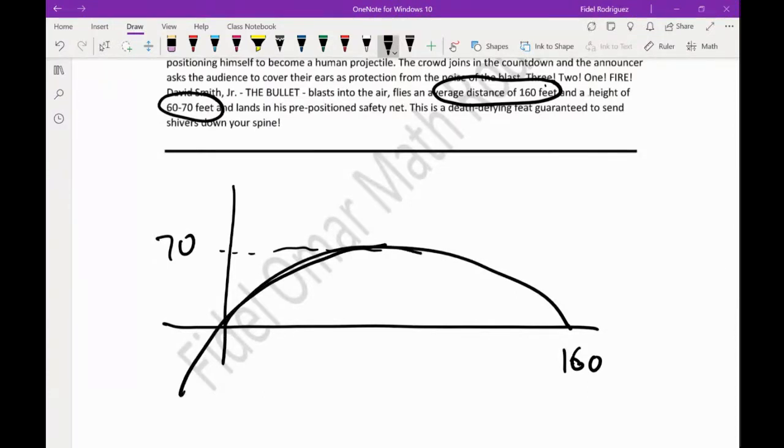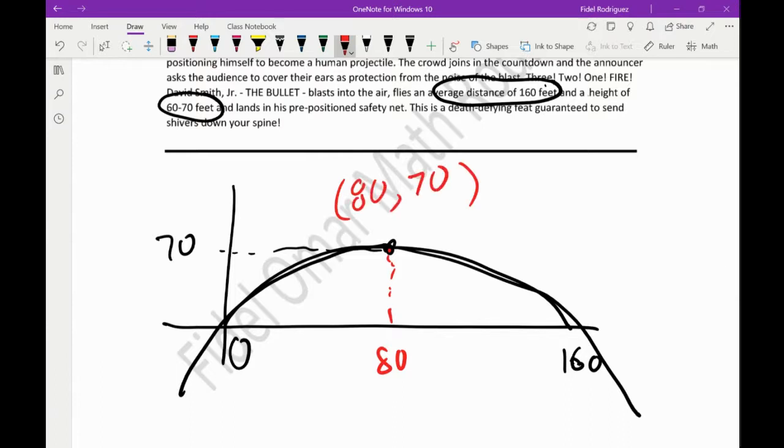This looks like a parabola going down. This is my vertex. So let me ask you a question. If this number here is 0 and this number here is 160, anybody know what's between 0 and 160? What's half of 160? 80. That number there is 80. So y'all, if I were to think about this as a point, it would be 80 and 70.